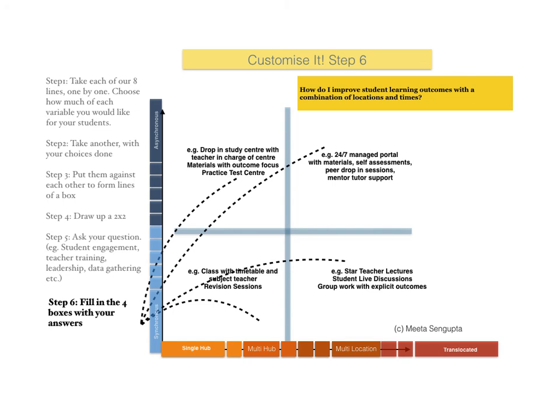Now, going up and to the left over here, suppose you have asynchronous and single or community hub settings, then how will you design it? Well, you'll probably create a drop-in study center with a teacher in charge of the center, and make sure that the materials there are absolutely brilliant. This is where you'll have to focus on materials.